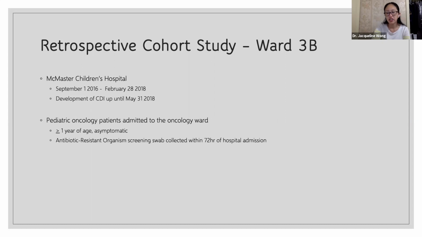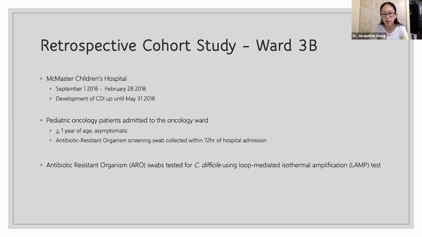And so we included patients who were over the age of 1 and under the age of 18 who were admitted to the oncology ward and had a primary diagnosis of cancer. And we included those who had screening swabs for MRSA or VRE that were done within 72 hours of hospital admission per our hospital policies.